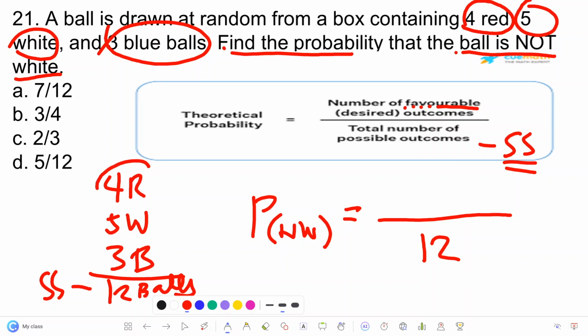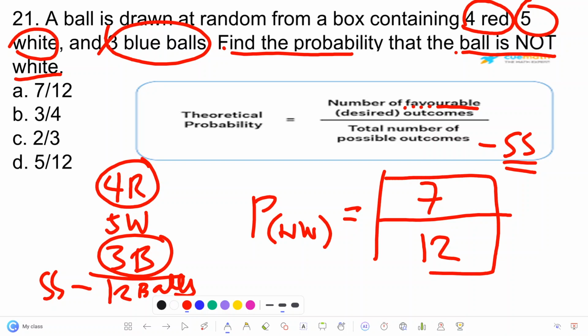You have here the 4 reds and the 3 blue. Ito yung favorable outcomes mo. So, 4 plus 3 is equal to 7. So, 7 over 12 ang iyong probability of picking a ball that is not white, which is letter A. So, napakadali ng probability, na simple probability. Okay? So, let's proceed to another question.